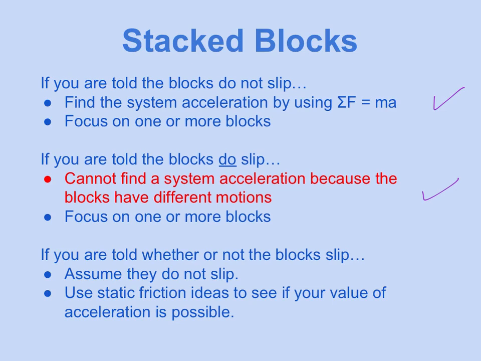So go ahead and find the system acceleration, and use that on one of the individual blocks, and check to see if static friction is sufficient to hold things in place. But again, these are easier understood by looking at an example, so let's go ahead and get into those problems.